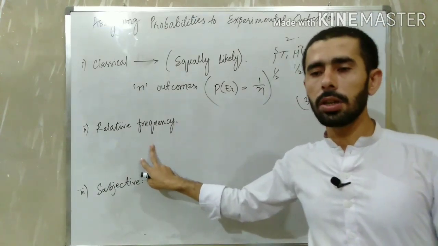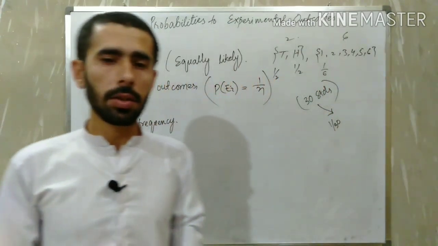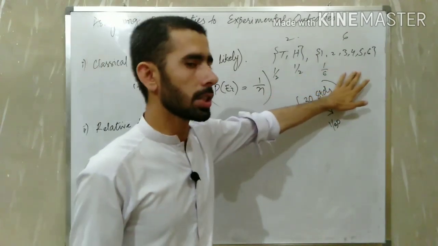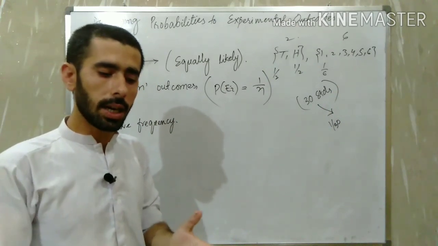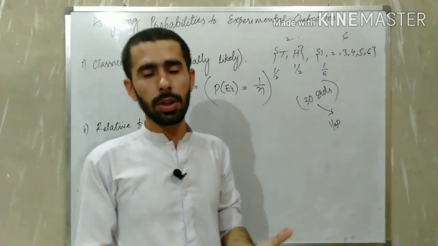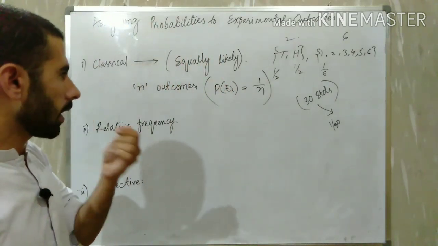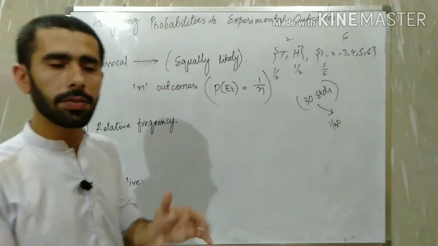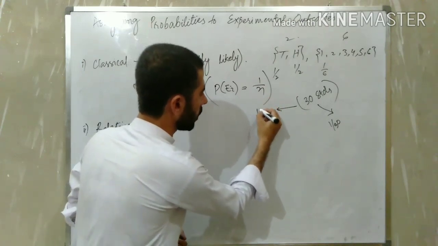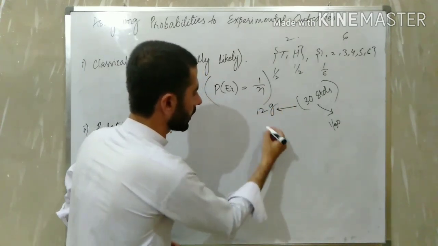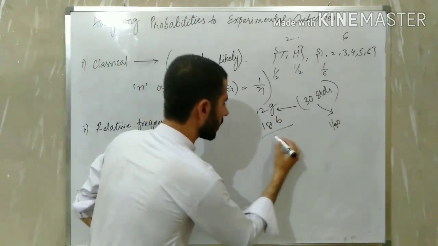The second approach that we will discuss is the relative frequency approach. This approach comes forward when the situation is beyond equally likely, when the possibilities are not exactly the same for each individual outcome. Say, for example, in the same case of 30 students, there are 12 girls and 18 boys, so they make 30.